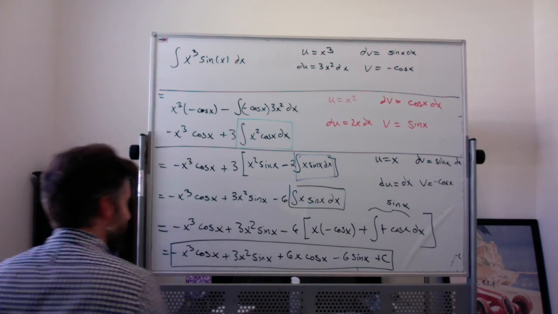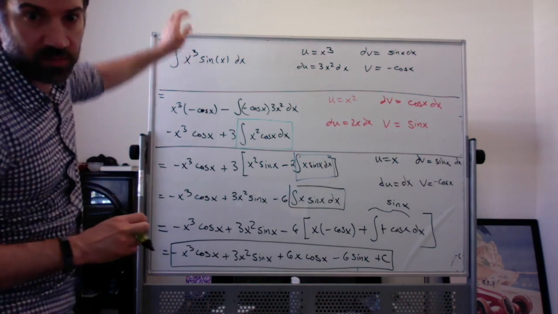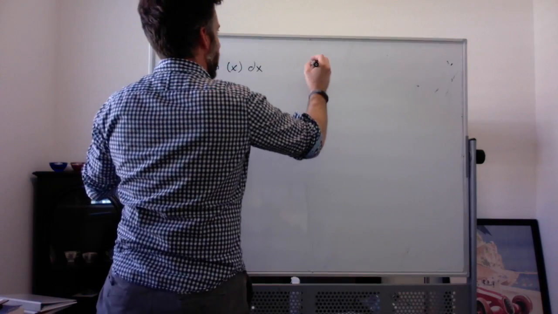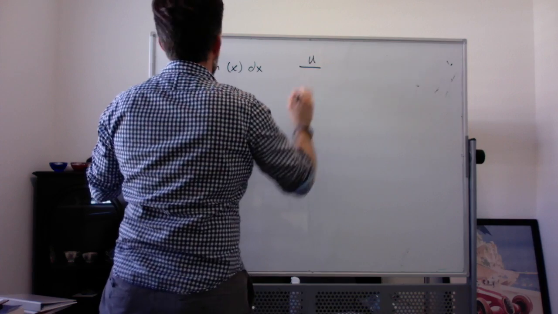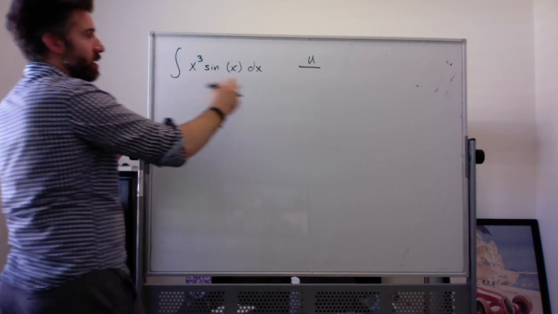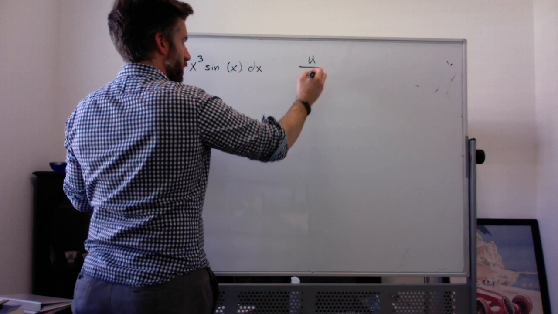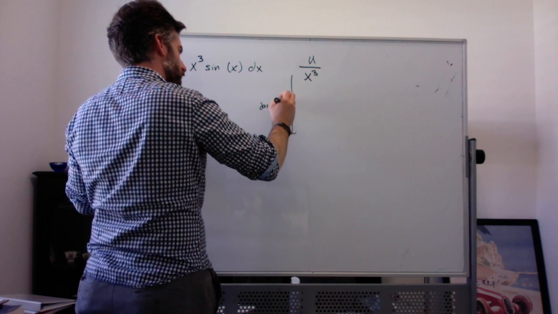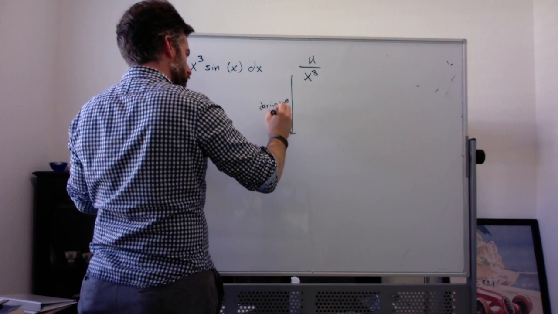Okay, let me show you how to make it way easier. This is called the tabular method. So u is the u thing, and then you write all the derivatives of u.